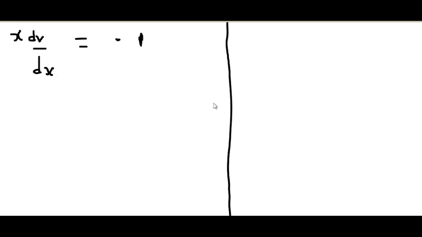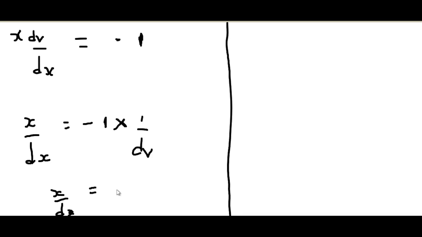So we bring our dx to the other side, so we are left with x dv equals negative dx.